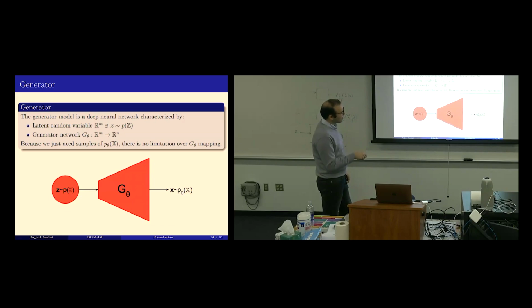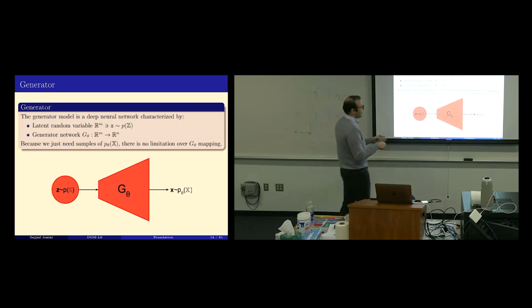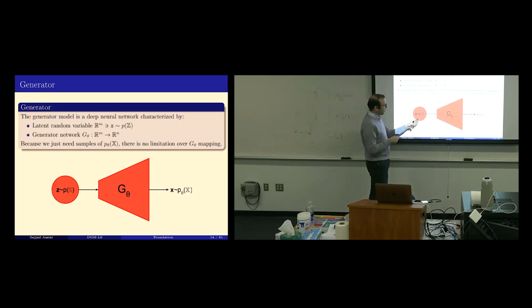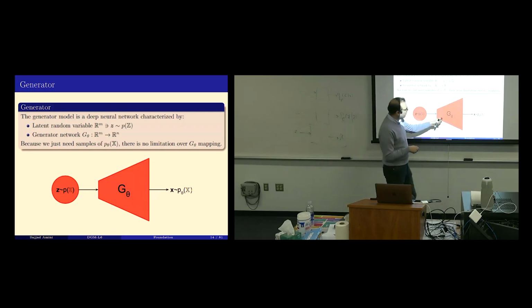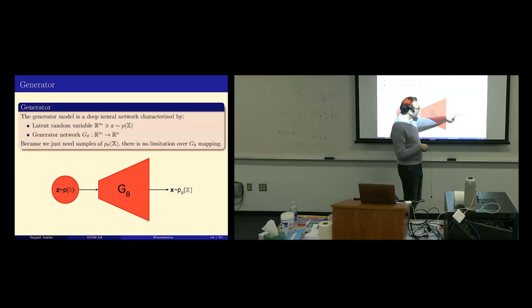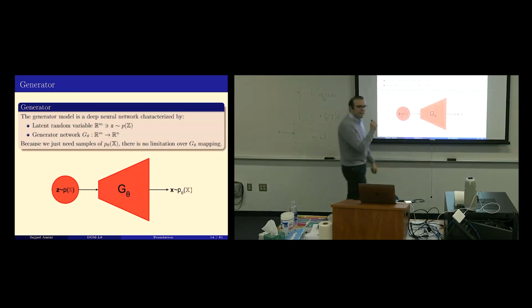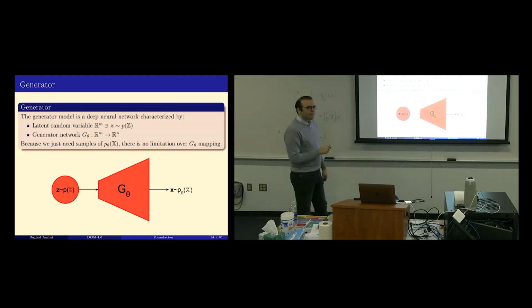It means that you have a neural network fed with samples from a base distribution, or latent distribution, like P of Z, and in the output it generates samples that you know are coming from a distribution, but you do not have access to this distribution directly. You just have these samples. This is the difference with previous parts.